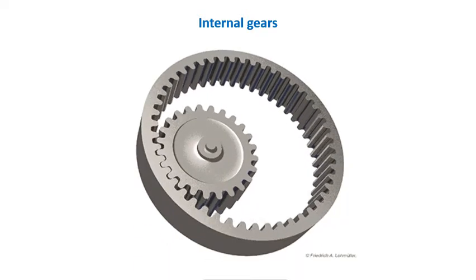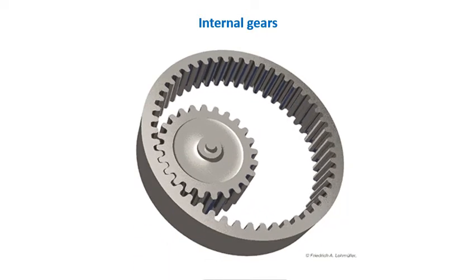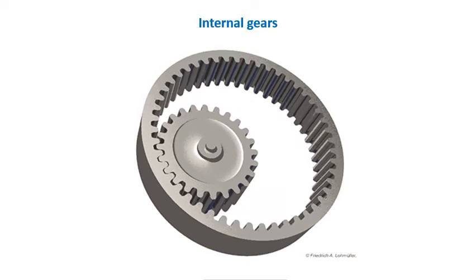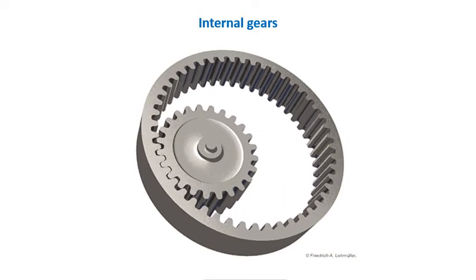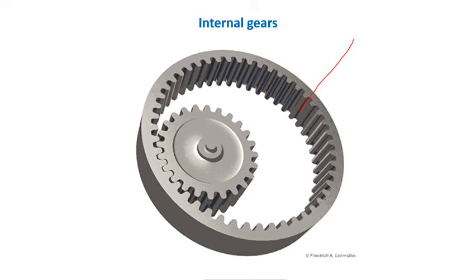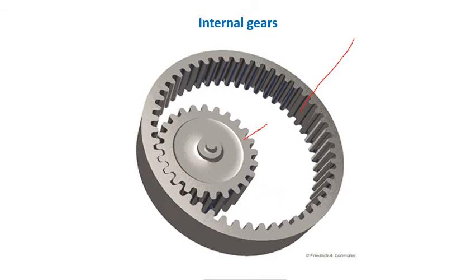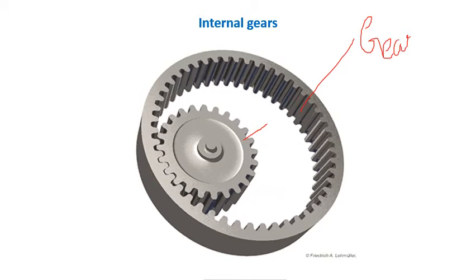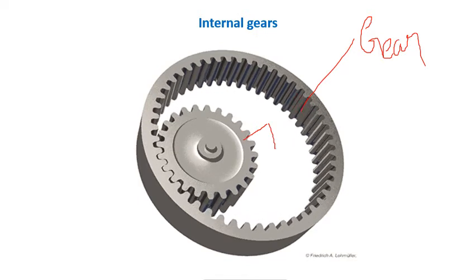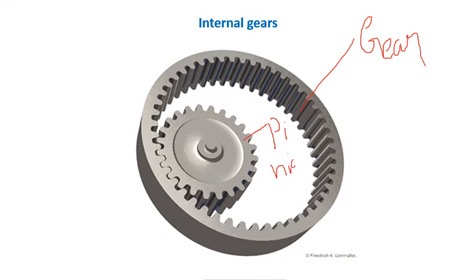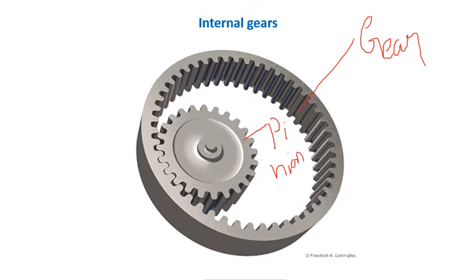So next one is internal gears. So what do you mean by internal gears? Here, which is the internal gear and which is the external gear? See, this is the internal gear, whereas this is the external gear, right? So we call this one a gear, and this one a pinion, right?